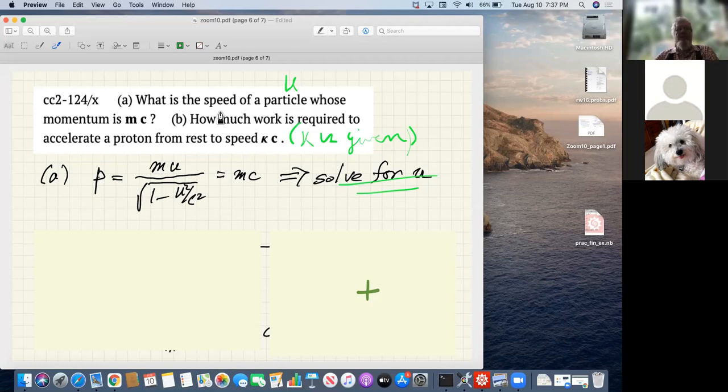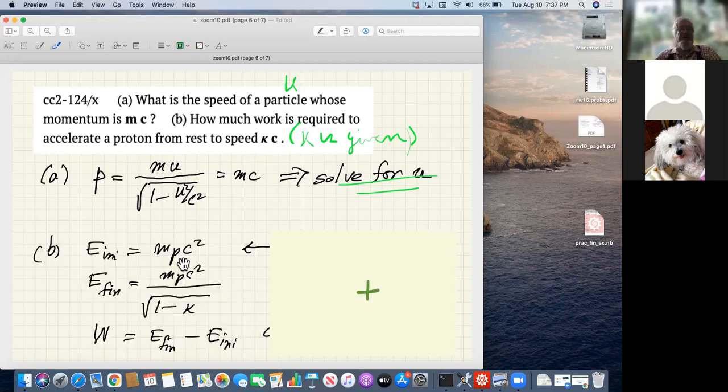So I'm not saying how the work is done, but I'm saying how much work is done. Enough work to accelerate the proton from rest to a speed kappa times c. Okay, so we're going to say, well, the amount of work is the change in energy. The initial energy is mc squared, where m is the mass of the proton.